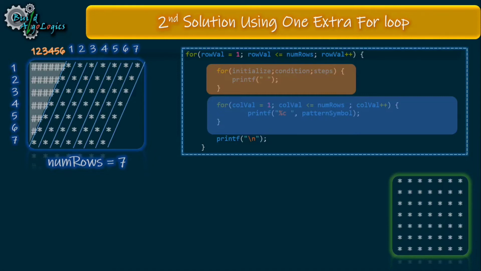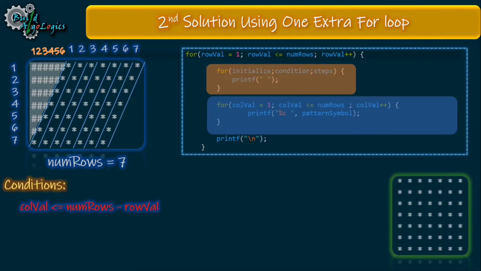For printing spaces, as we know, when the number of rows is 7, spaces for the first row are 6, and then for row value 2, we have to print spaces 5 times, and for row value 3, we had the number of spaces as 4, and so on.